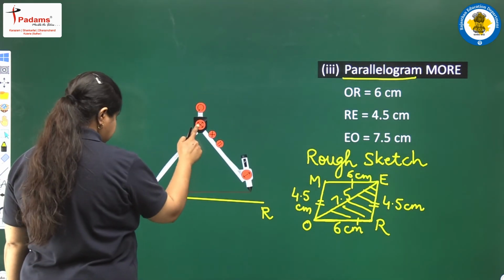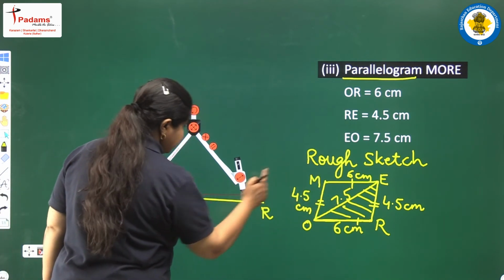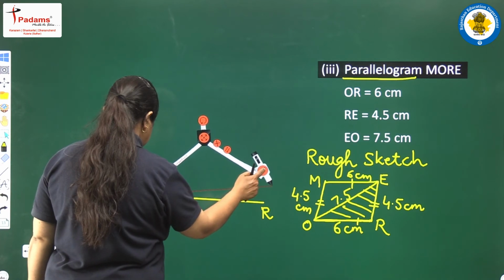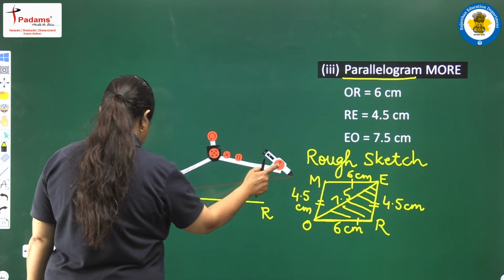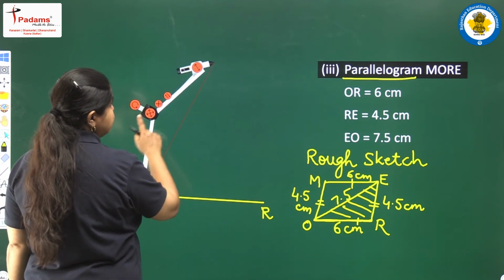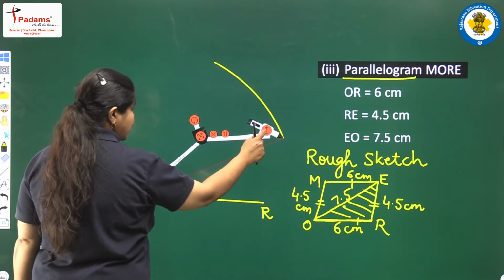We will keep it at point O, and we need to measure 7.5 centimeters long. So, we take it to 7.5. Yes, this one. We will draw one arc here in this way. Then what next?